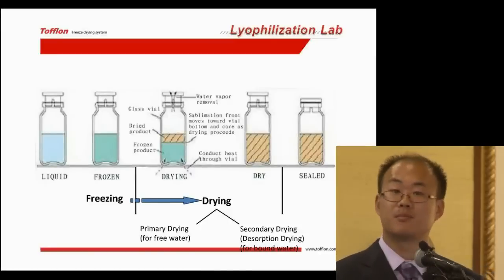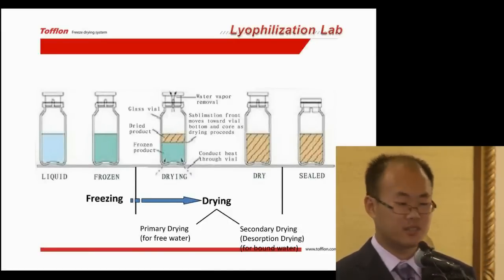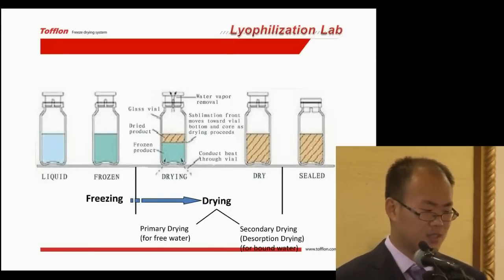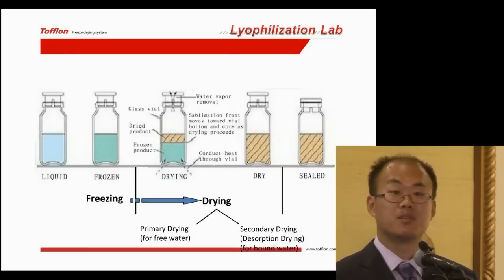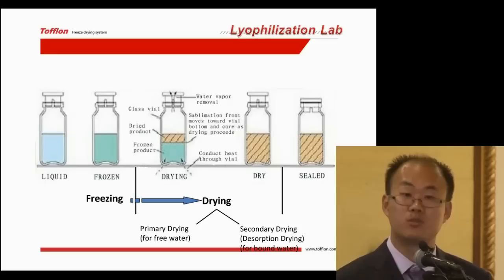So let's see the next picture. This picture is more clear. We can divide the process into 2 sections. The first is freezing on the left, where the liquid is frozen to solid. And the drying step, we divide into 2 steps. The first is primary drying, and the second is secondary drying.